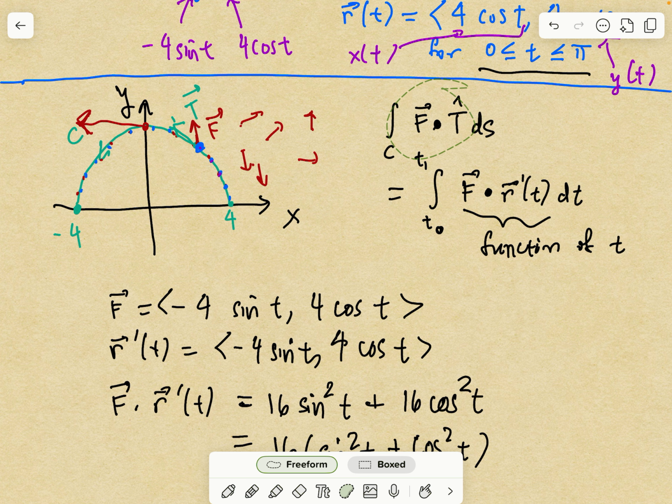So if you get a positive number, then roughly speaking, that says that more often than not, f is going along the curve c. If you get a really negative number, then roughly speaking, that's saying that your f is going against the curve c.